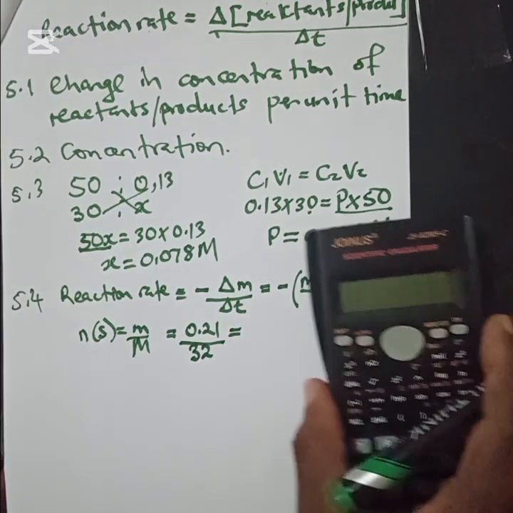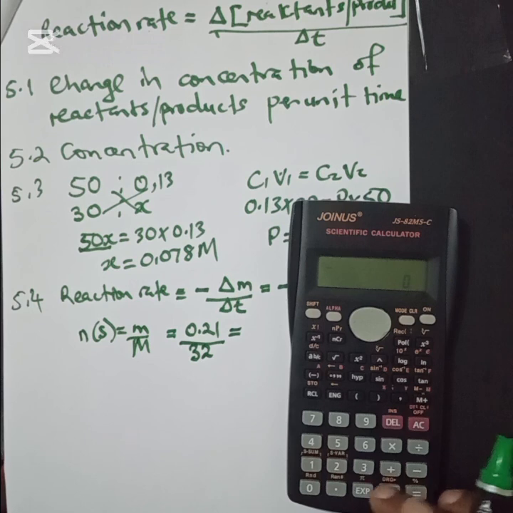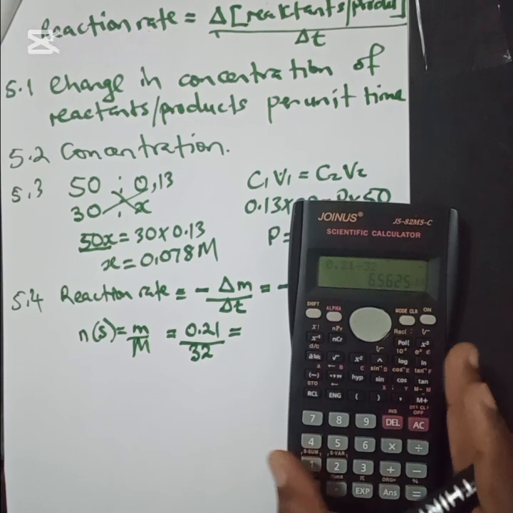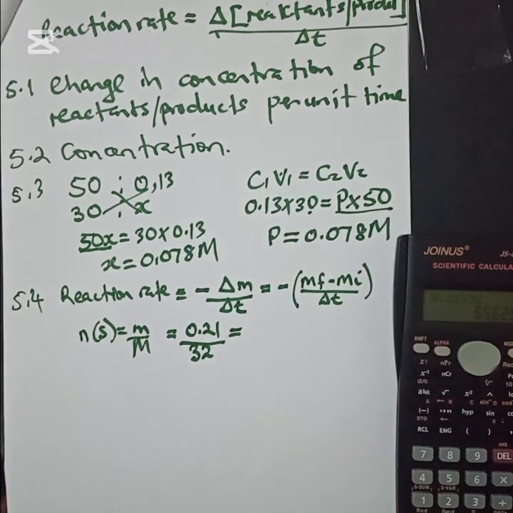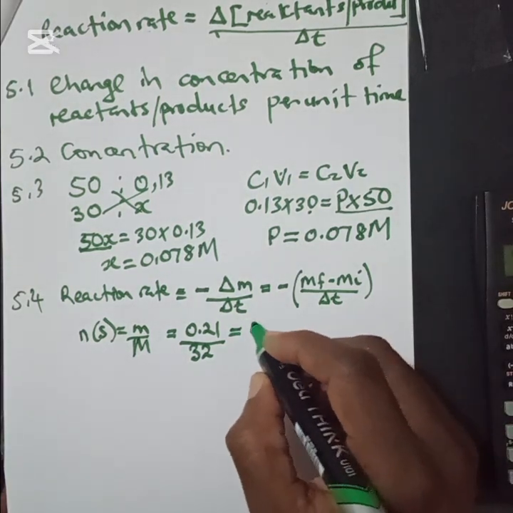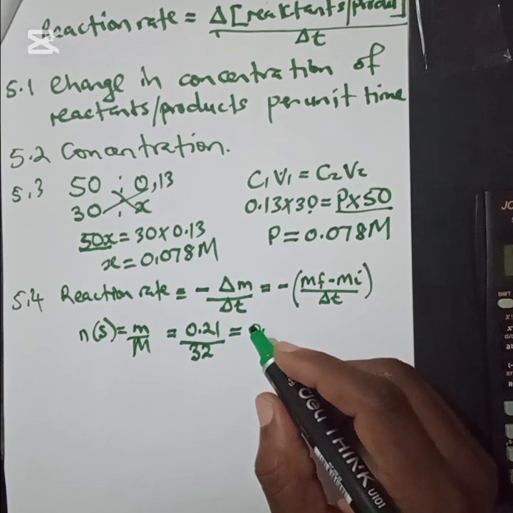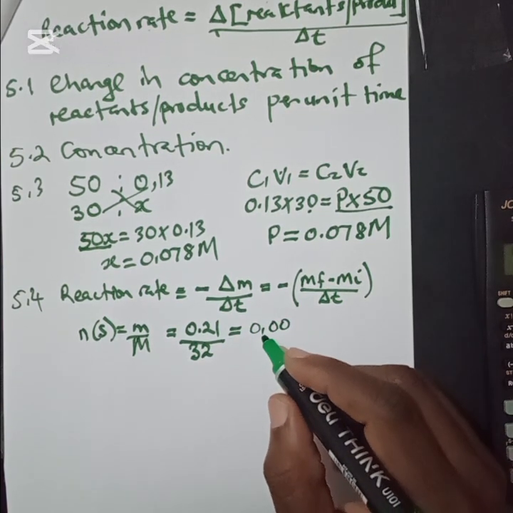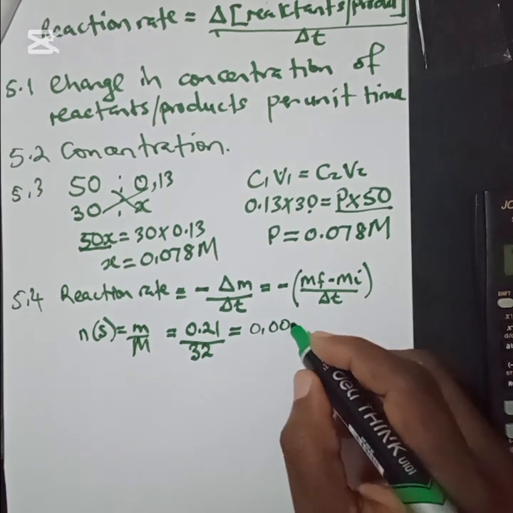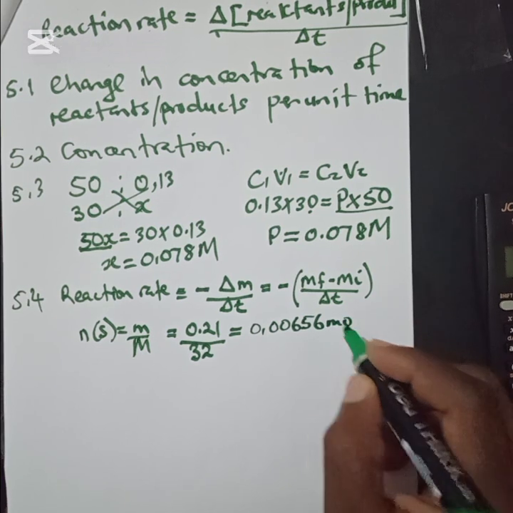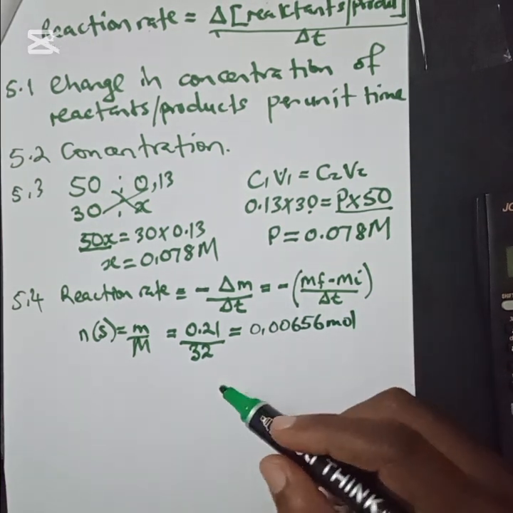Let me check with my calculator. 0.21 divided by 32 gives 0.00656 moles.